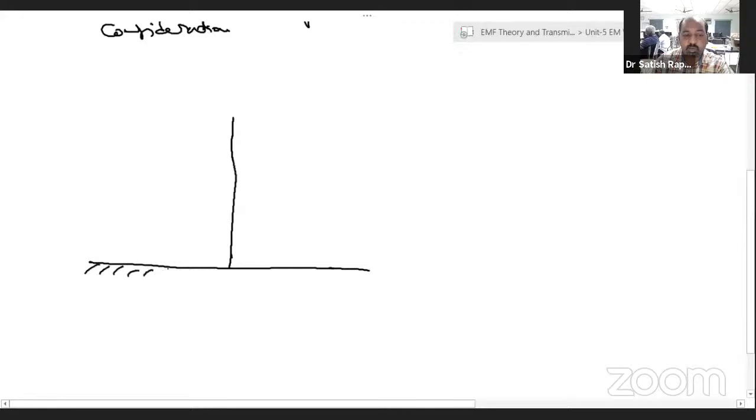Let us say this is the boundary, right? Boundary between region 1 and region 2. Let us say this is the y-axis, and this is the z-axis, right?